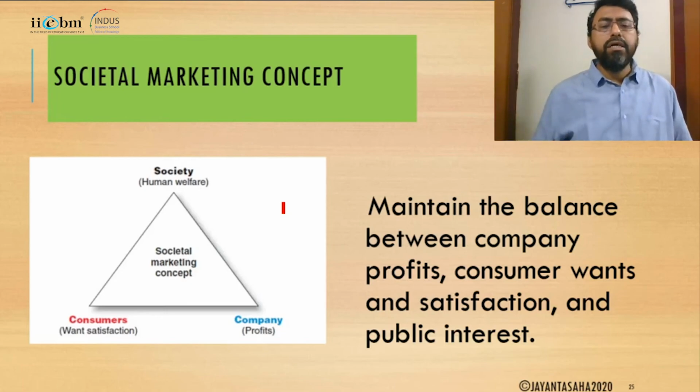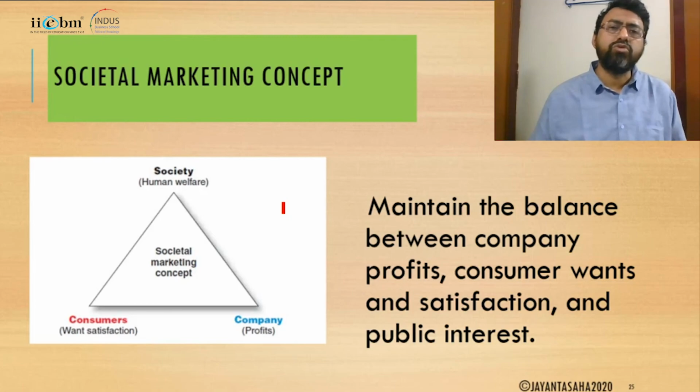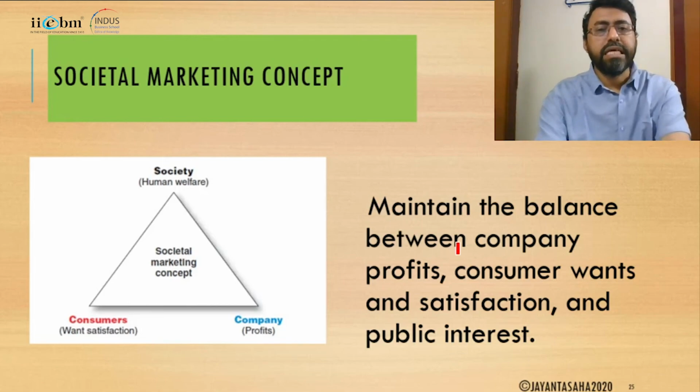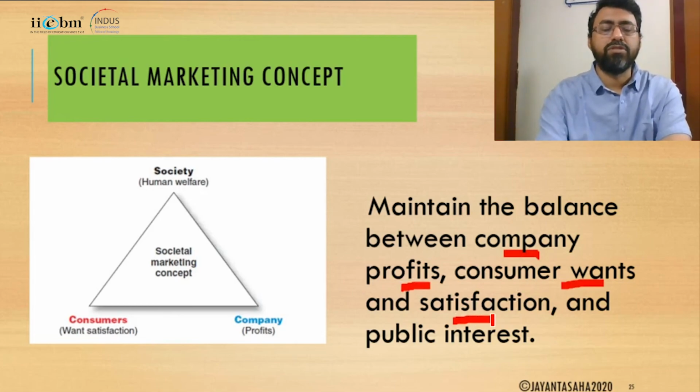One interesting term that we are hearing these days is known as societal marketing. Now, if you look at company profits, this is what even the marketing concept talks about. Customer wants and satisfaction, this even the marketing concept talks about.